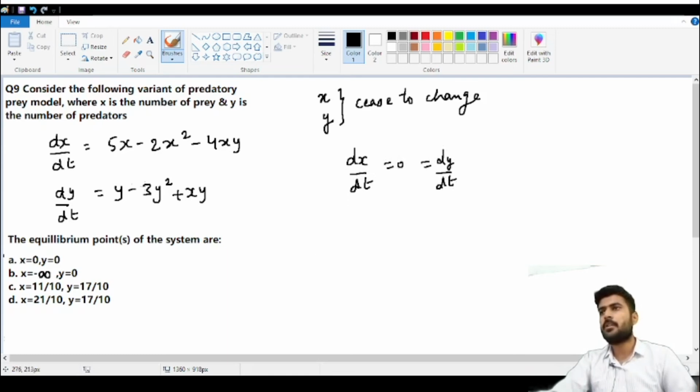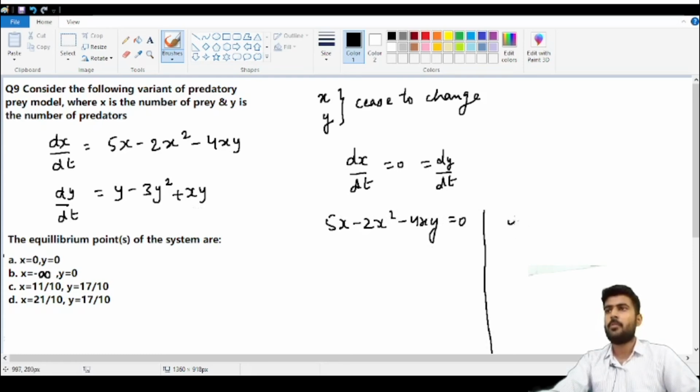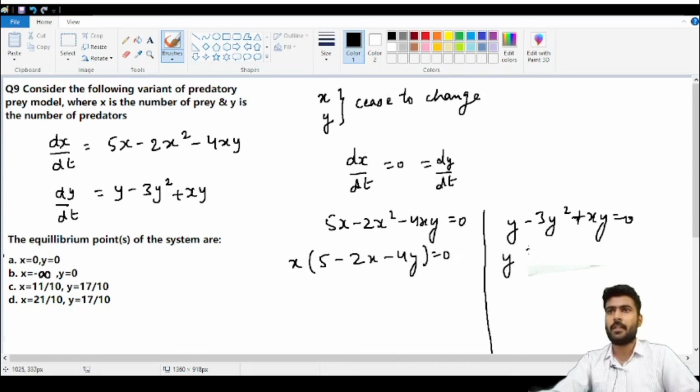So we put the dx by dt equation, 5x minus 2x square minus 4xy, equal to 0, and on the other hand y minus 3y square plus xy is equal to 0. Here we can take x common, 5 minus 2x minus 4y is equal to 0, and here we can take y common, so 1 minus 3y plus x equal to 0.